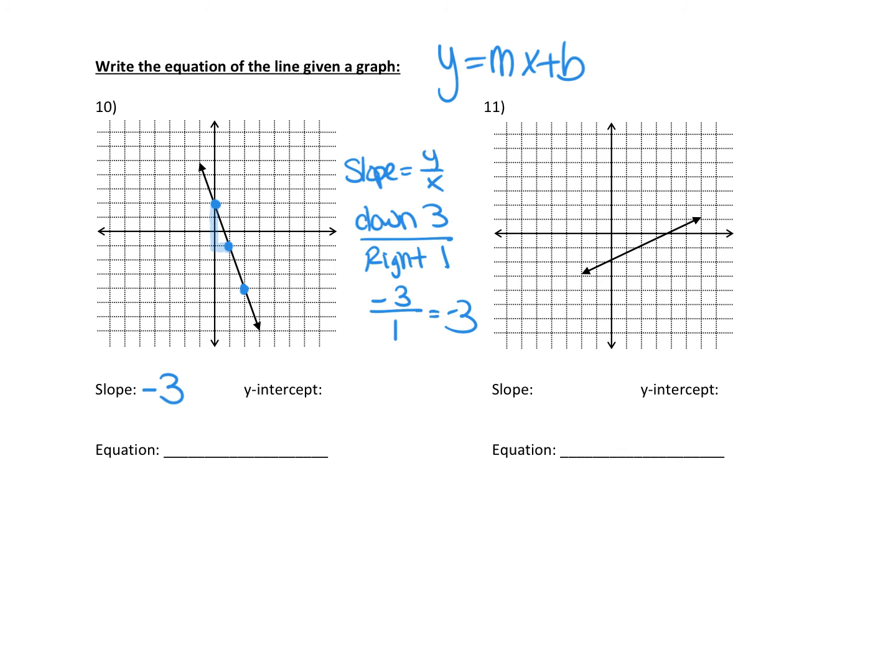In terms of the y-intercept, it's where it hits the y-axis, right there. So my y-intercept would be at 0, 2. This means my m is negative 3 and my b is 2. So if I was going to write y equals mx plus b, I'd write y equals negative 3x plus 2.